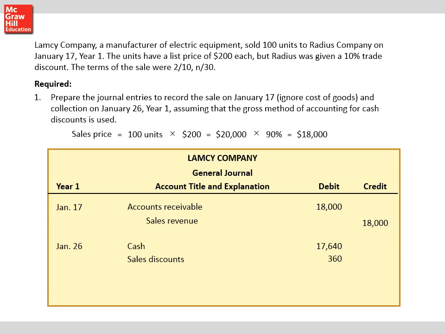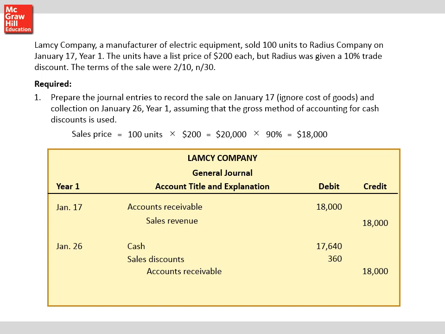So a sales discount, a contra revenue account, will be debited $360. And then accounts receivable is credited for the entire amount. So that is how a company will handle an accounts receivable sale with discounts under the gross method.